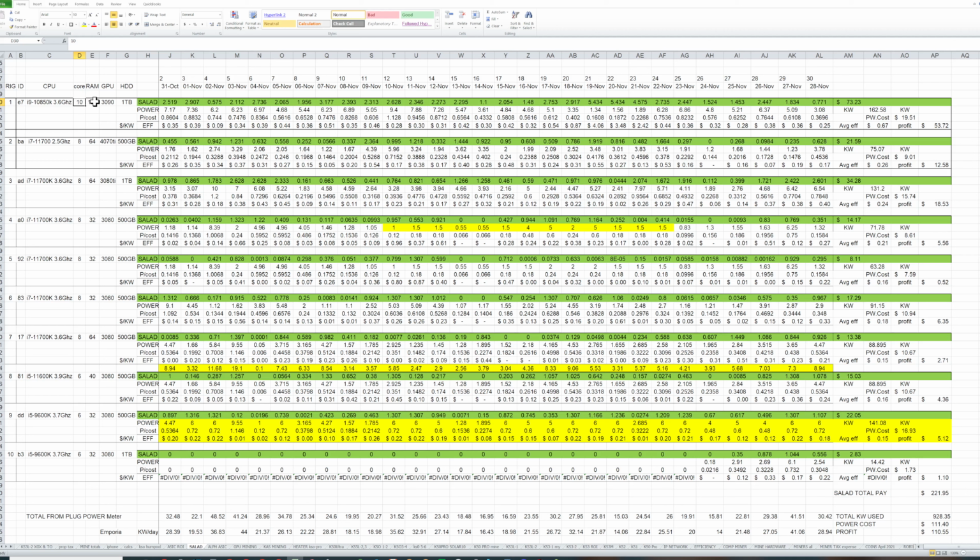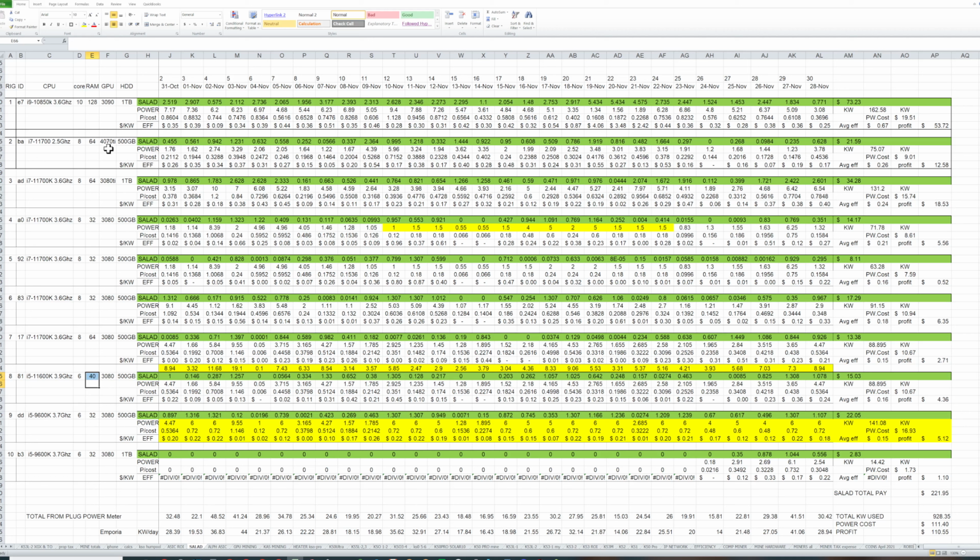Then I have different RAM. I have 128 gigabytes on the first one, the i9. Then I have 64 for the other 2 machines. Then I have 32 for the 3080s, some 64, some 40. And we'll go over that.